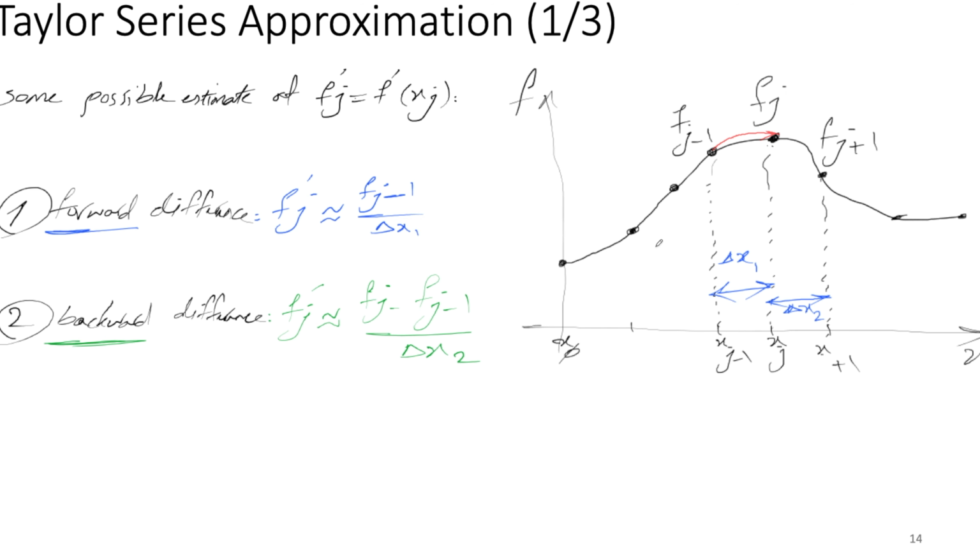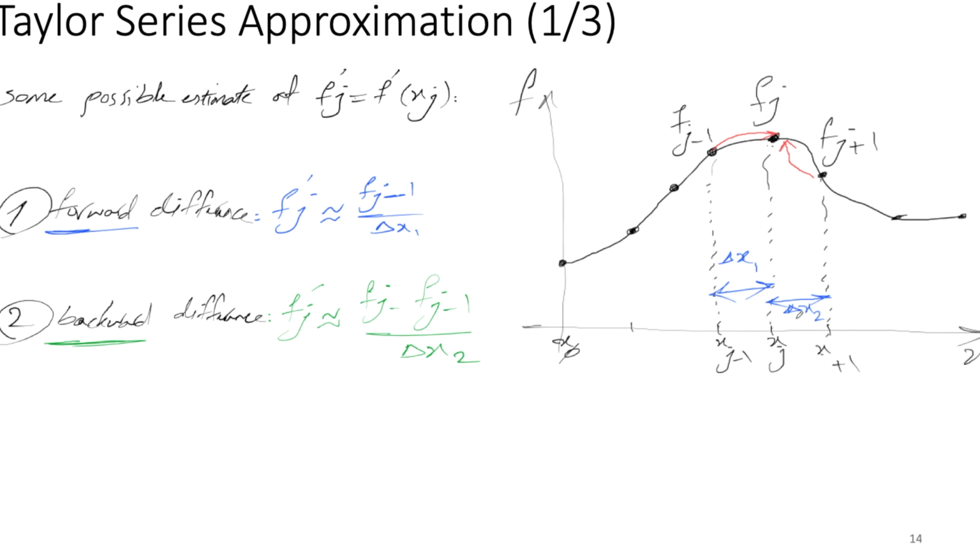If you were here and you wanted to compute this, which was the backward difference, here. In order to compute f prime j or f dash j, the distance was delta x2. I just wanted to make sure that these two could be different, but in general, if the steps were equal, these two would be delta x.